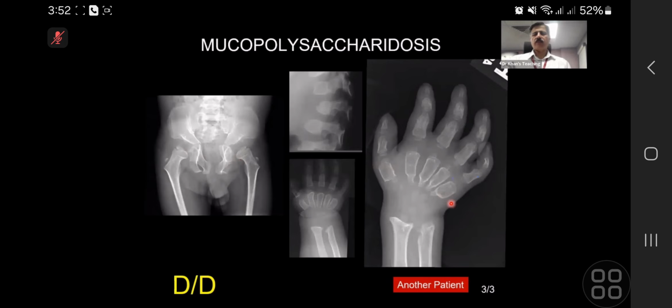One of the findings which is in literature is that the metacarpals are proximally tapered. You can imagine that this end is tapered and the distal end is flared. So this is mucopolysaccharidosis.